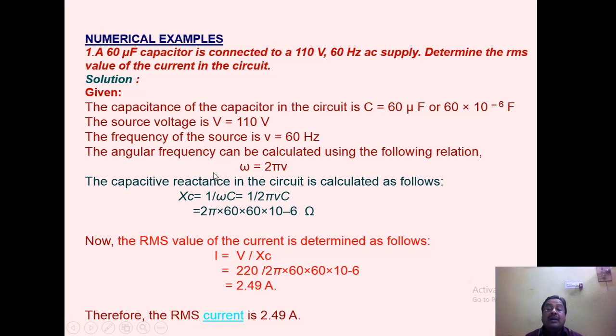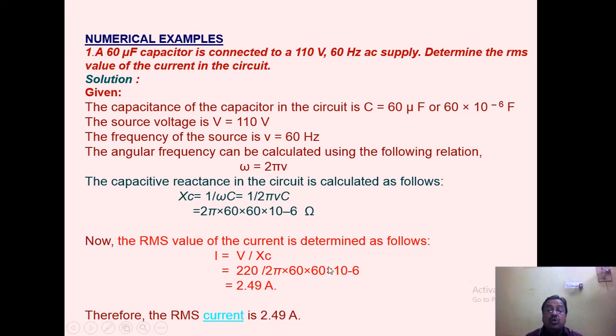So now, what is the capacitive reactance of the circuit? We know that capacitive reactance Xc equals 1 by omega C. It is nothing but 1 by 2 pi nu C. Substitute nu as 60 hertz, and C as 60 into 10 to the power minus 6. So finally you will get the value of Xc in ohm.